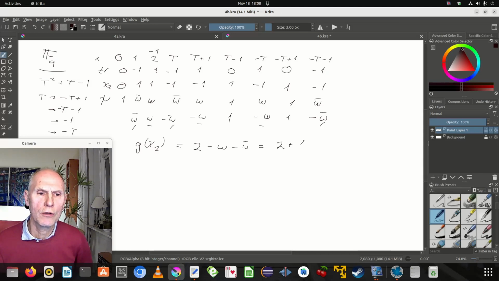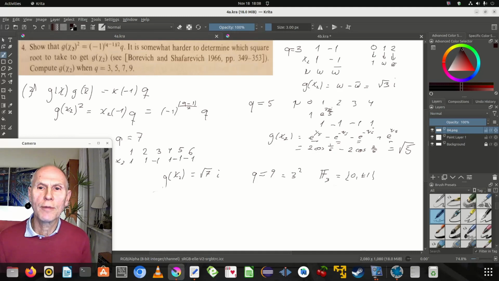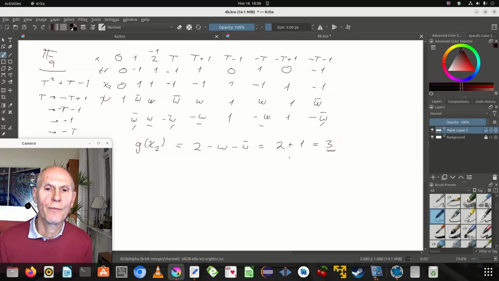So it's 2 plus 1, it equals 3. All right. I expected plus minus 3, and it actually became, yes, it actually became square root 9 as it is. All right, that's it.